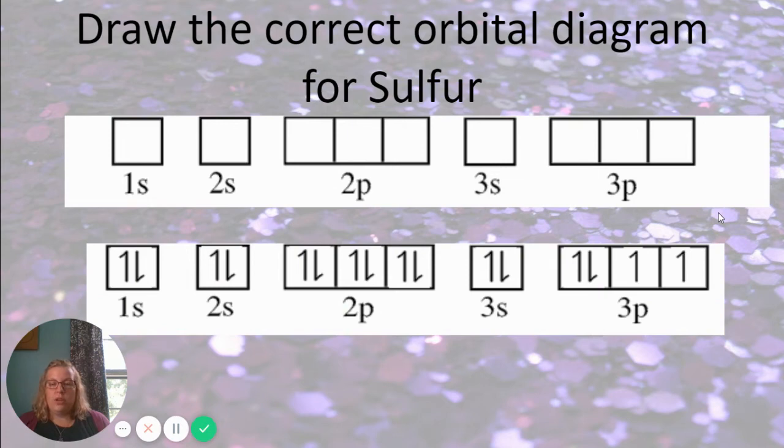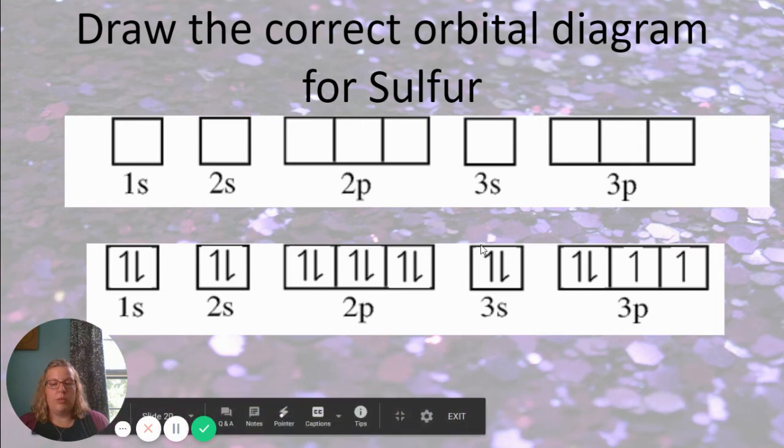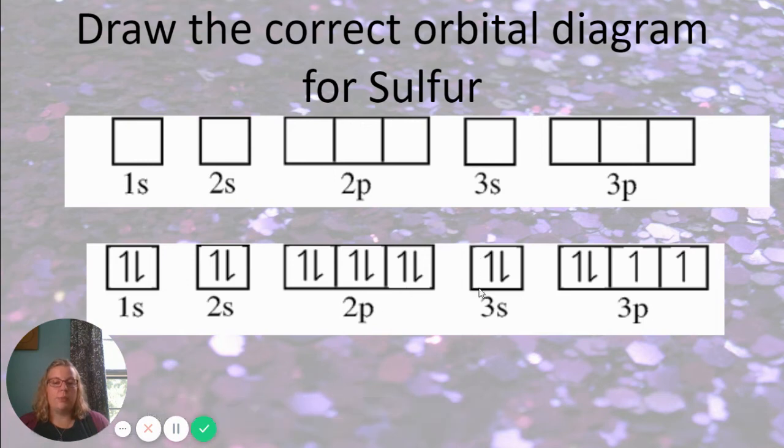So your electron configuration for sulfur is 1s2, 2s2, 2p6, 3s2, and then 3p4. If I want to draw the full orbital diagram for sulfur, I'm going to draw 1 box representing the 1s, 1 box representing 2s, 3 boxes representing the 2p, another box representing the 3s, and 3 boxes representing the 3p.